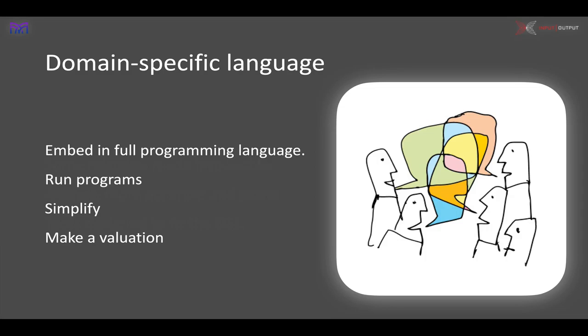So I hope that gives you a sense of the value of writing a DSL in general, and perhaps helps you understand why we wanted to write this DSL for financial contracts in particular, running on the Cardano blockchain. Okay, what we'll do next is take a look at what financial contracts look like. And after that, we'll think about how they need to be adapted to run in a blockchain context.